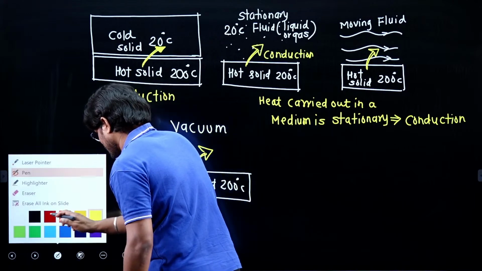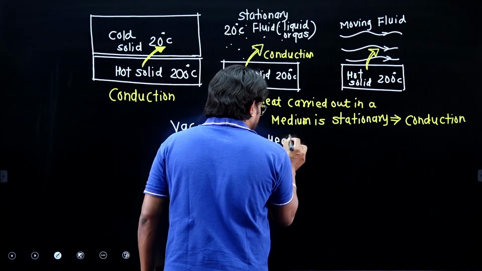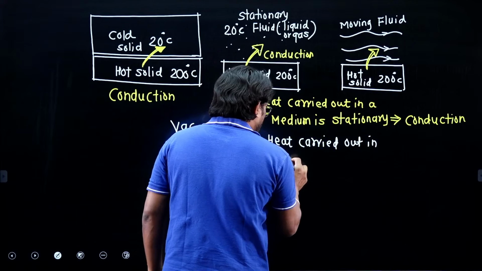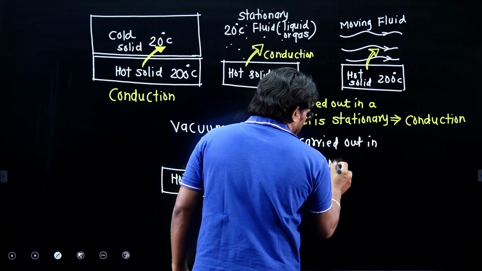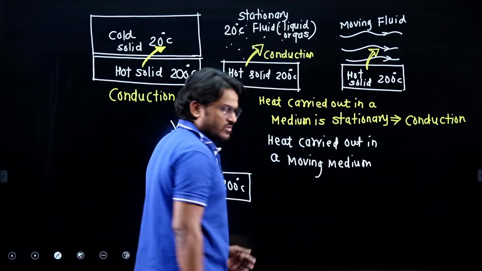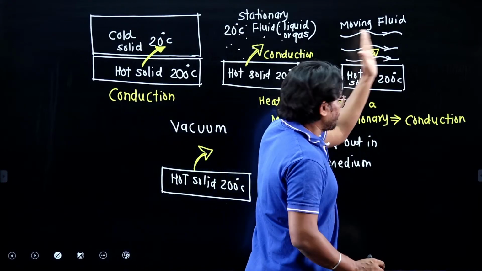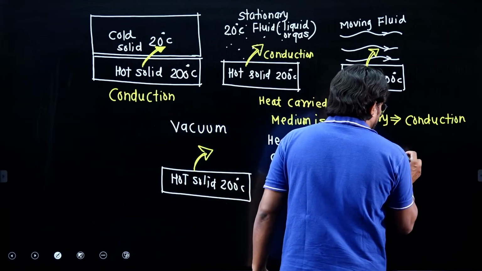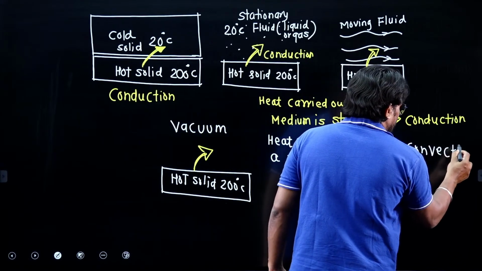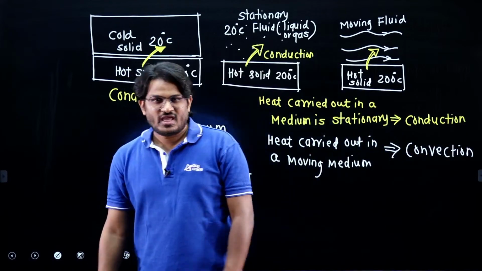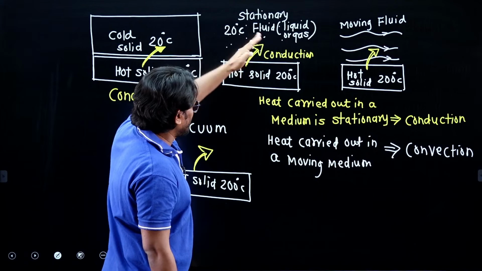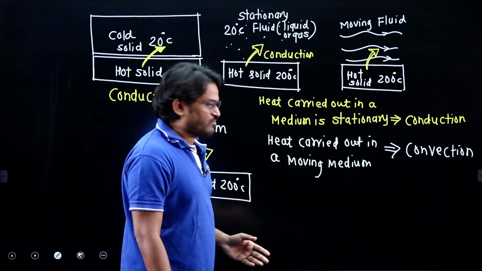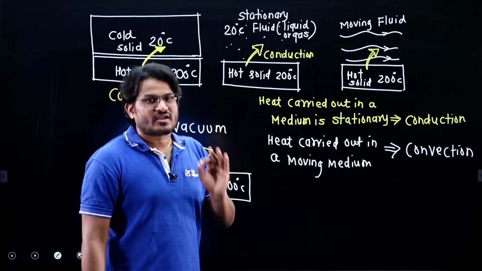But listen, if heat is carried out in a moving medium, where the fluid is flowing, for example when you switch on a fan and the air moves, then it is called convection. So please remember, if the heat transfer takes place through a stationary medium, that is called conduction. If the heat is carried out in a moving medium, it is called convection.